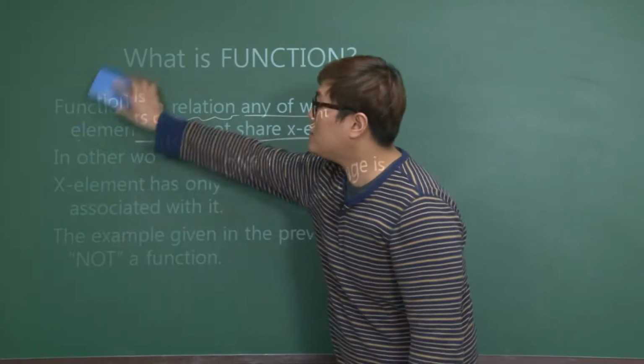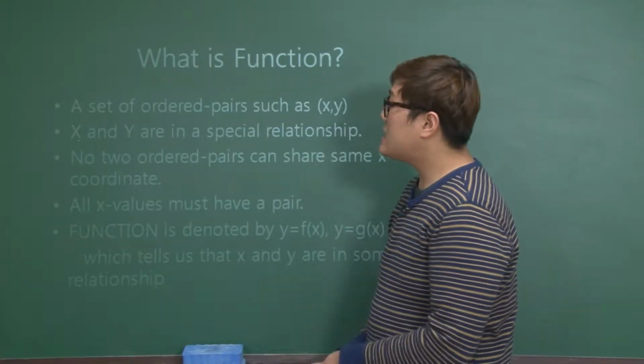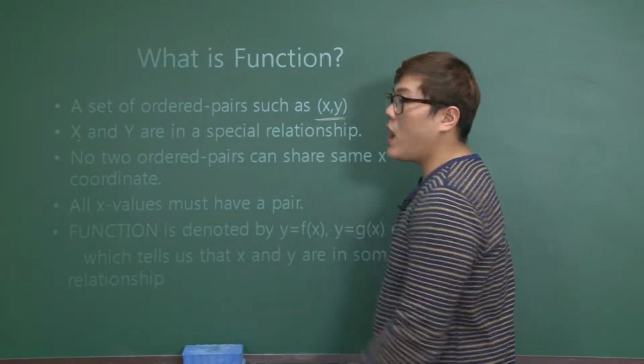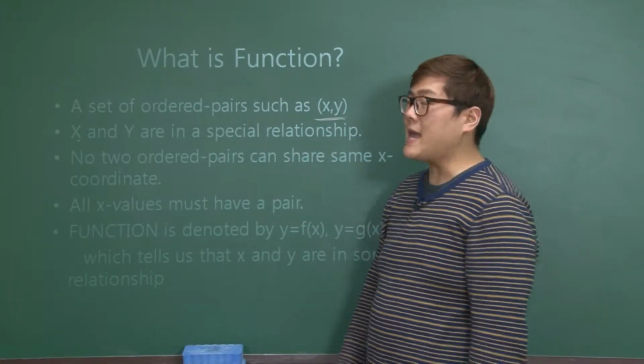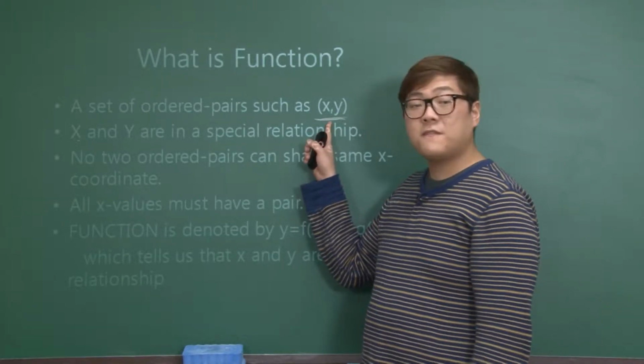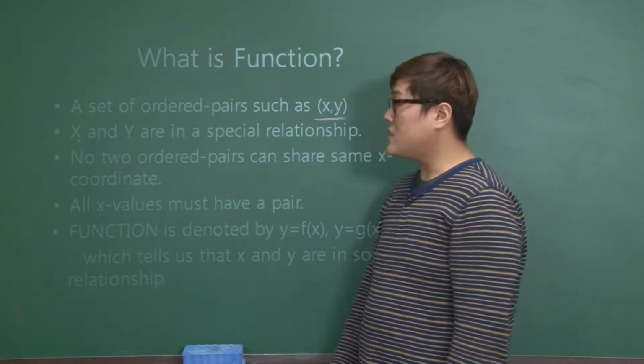Okay, so how do you define the function in more detail? First, take a set of ordered pairs such as (x, y). If you can represent every element in the relation as follows, then it could be a function.